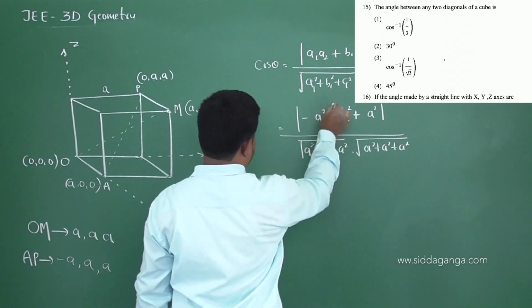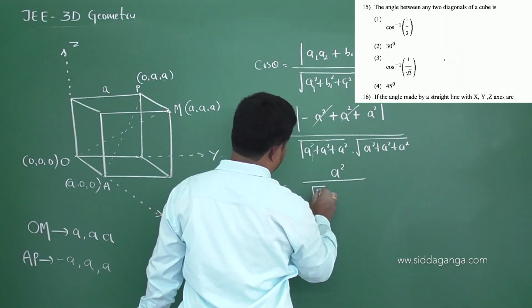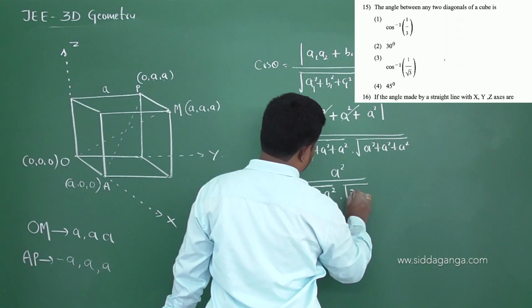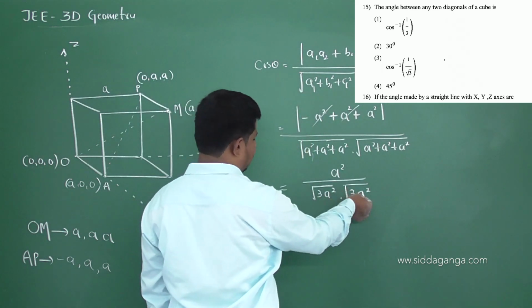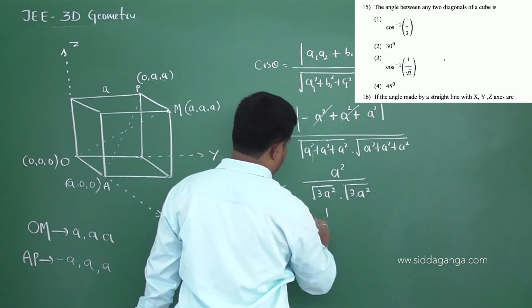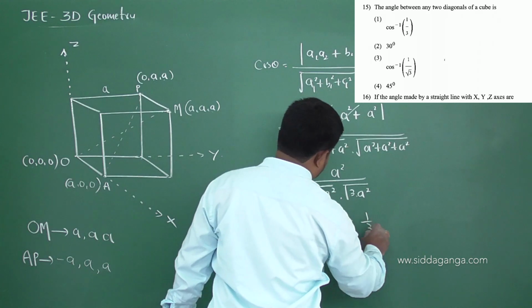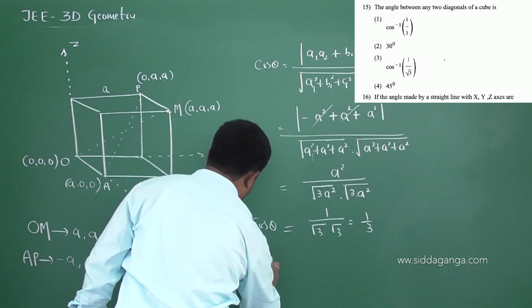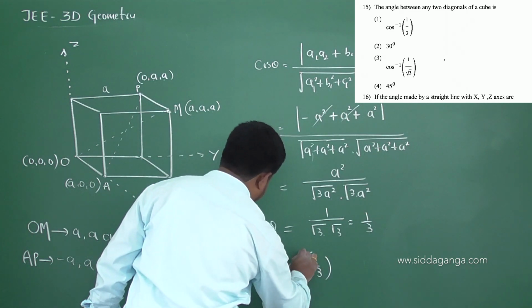This gives a square divided by root 3a square into root 3a square. Root of a square is a, so a gets cancelled. What do you get? 1 by root 3 into root 3. You get 1 by 3. This is what? Cos theta.